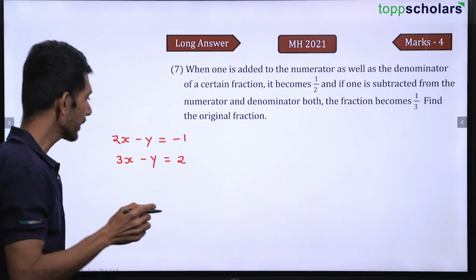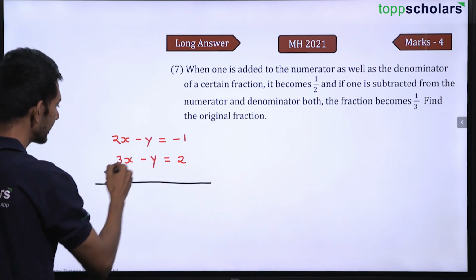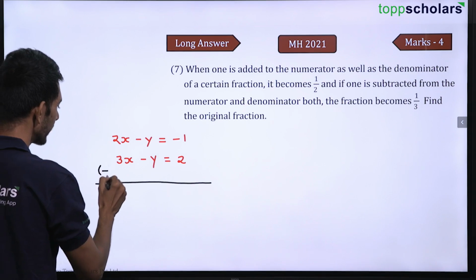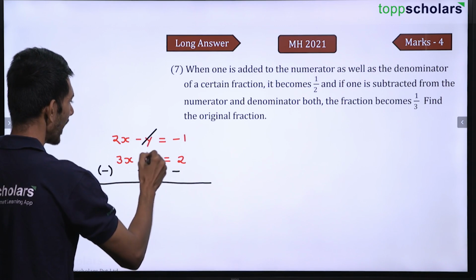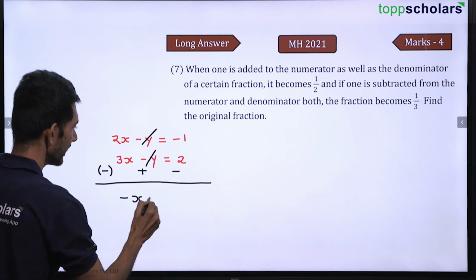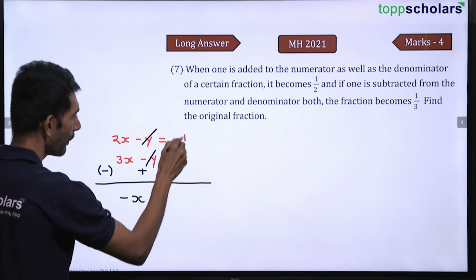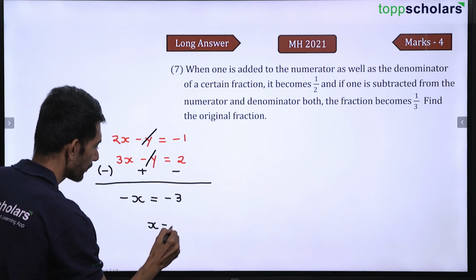Now what you can do over here is subtract the two equations so that you can cancel y, right? Y gets cancelled. 2x minus 3x is minus x, which is equal to minus 1 minus 2, that is minus 3. So can I say x will be equal to 3?